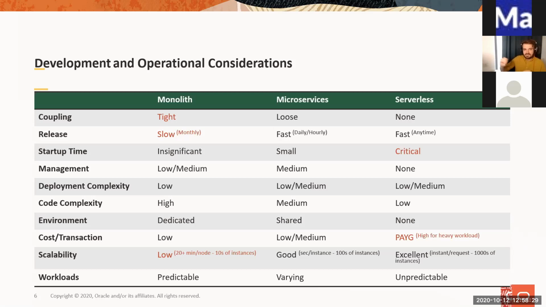And I'm just picking some of the characteristics here on the slide because I think they are the most obvious, and they need to be highlighted. So for example, the environment. The monolith has its own environment, right? The application runs in its own environment. With microservices, we can run in shared environments.